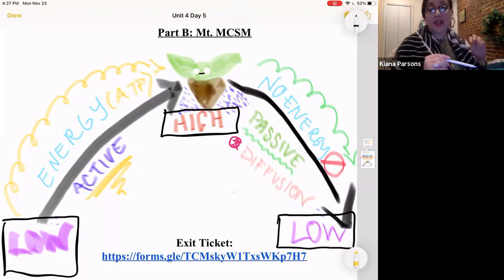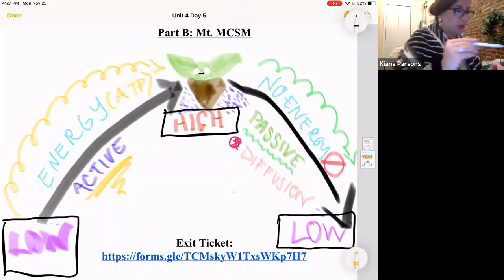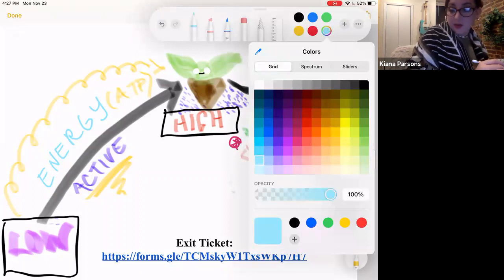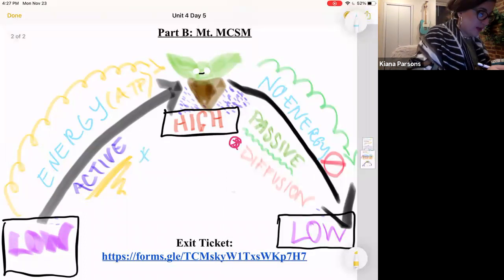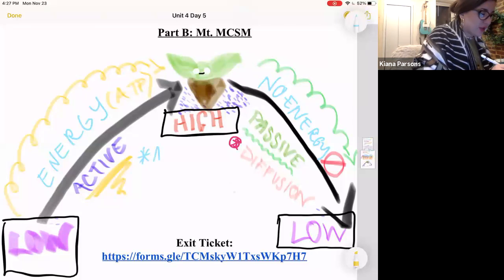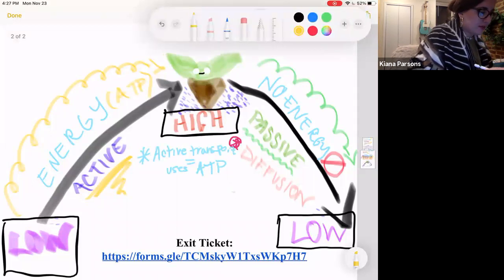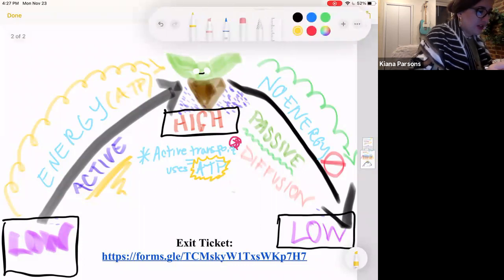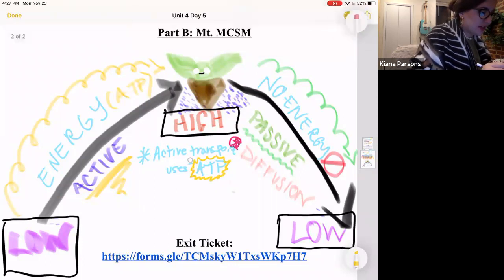But to get up the hill, to get Baby Yoda up that hill, the Mandalorian had to work really hard. And I just like to make it Baby Yoda because Baby Yoda is so cute. There's no other reason why it's Baby Yoda. So active transport uses ATP, the all important usable energy from our cells. That equal sign is not really necessary.